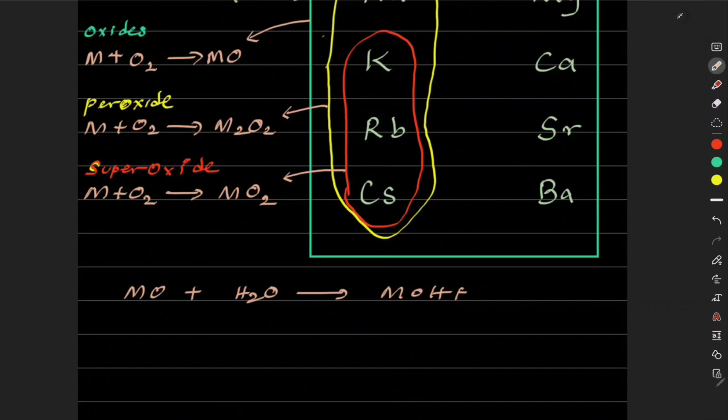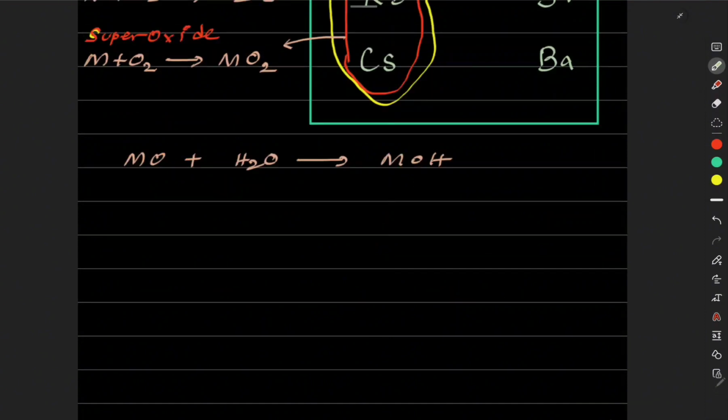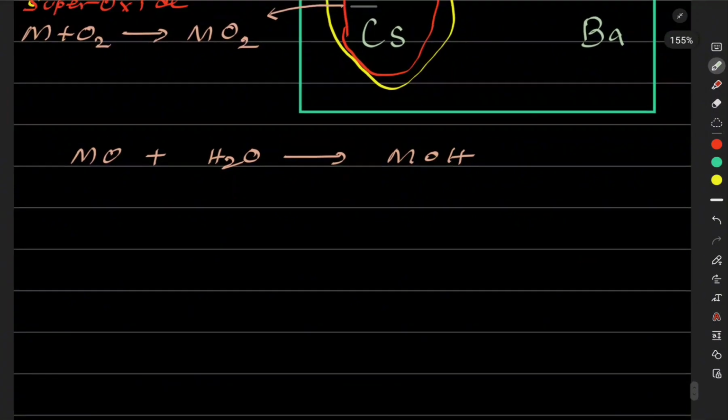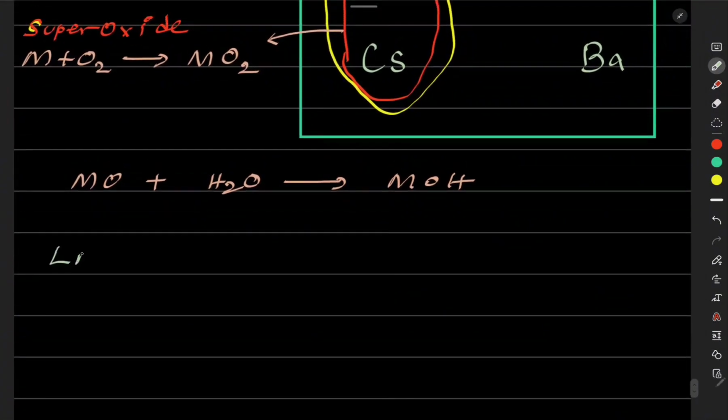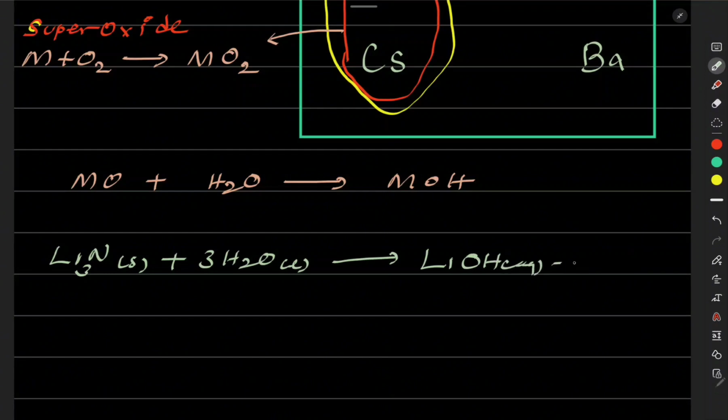If we add water to lithium nitride, solid Li3N plus H2O, they will form lithium hydroxide plus NH3 gas, ammonia gas. This is a special reaction.